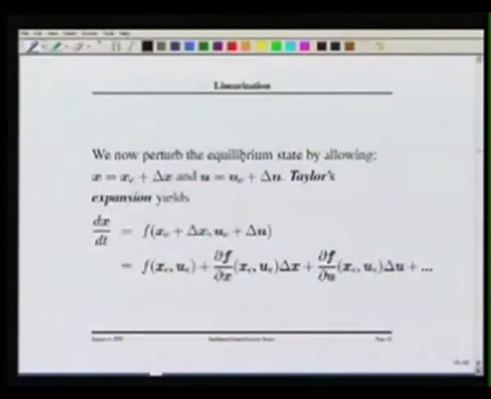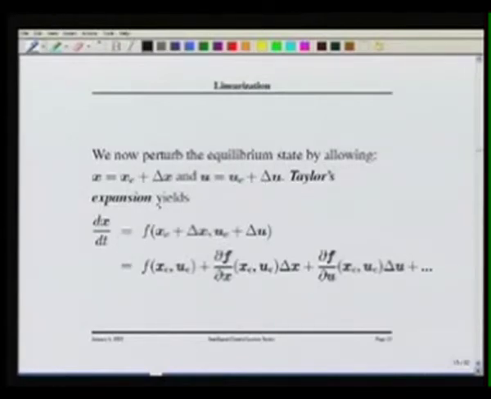Then we perturb this equilibrium state by allowing x equal to xe plus delta x, a little perturbation from xe, and similarly a little perturbation from ue by delta u.